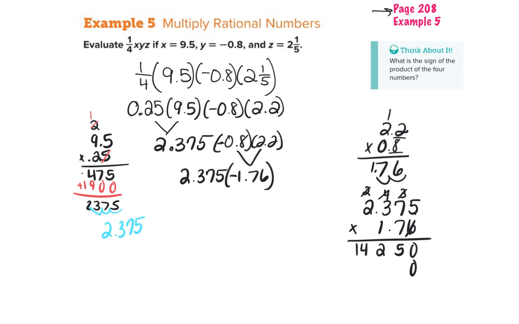All right, now I've got 7 times 5 is 35. 7 times 7 is 49, 50, 51, 52. Carry the 5. 7 times 3 is 21, plus 5 is 26. And 7 times 2 is 14, plus 2 is 16.